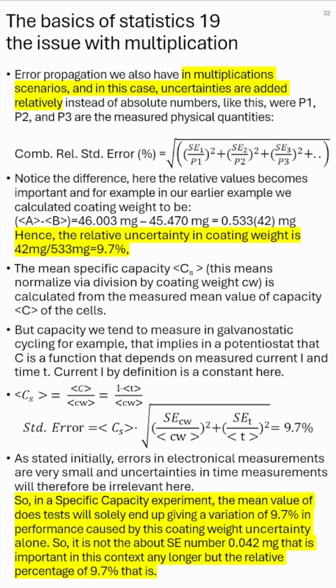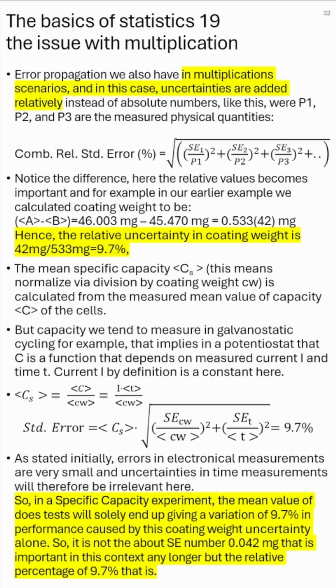So we take 0.042 milligram divided by 0.533 milligram, then we get 9.7%. So here comes the thing. What equation down the line uses multiplication or division instead of addition and subtraction? And that we have because we are measuring the thing called specific capacity, CS.